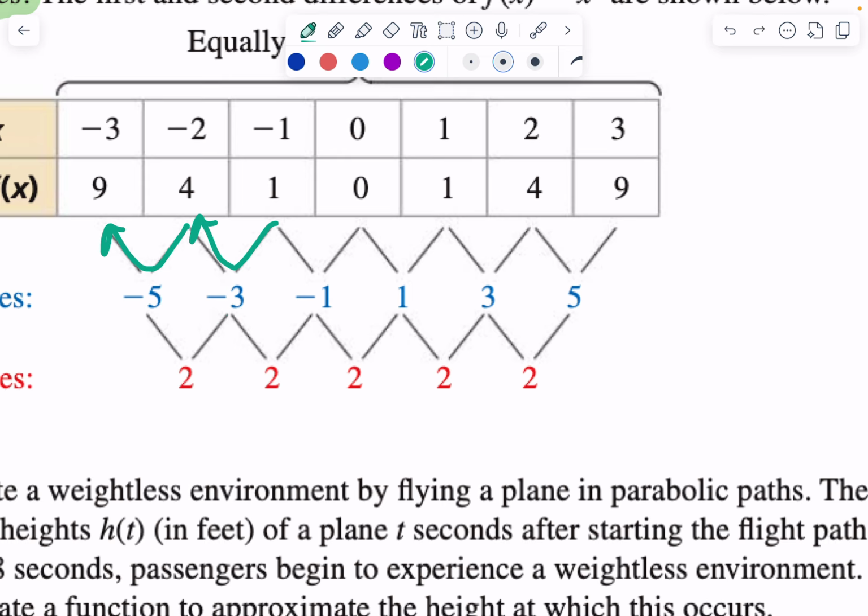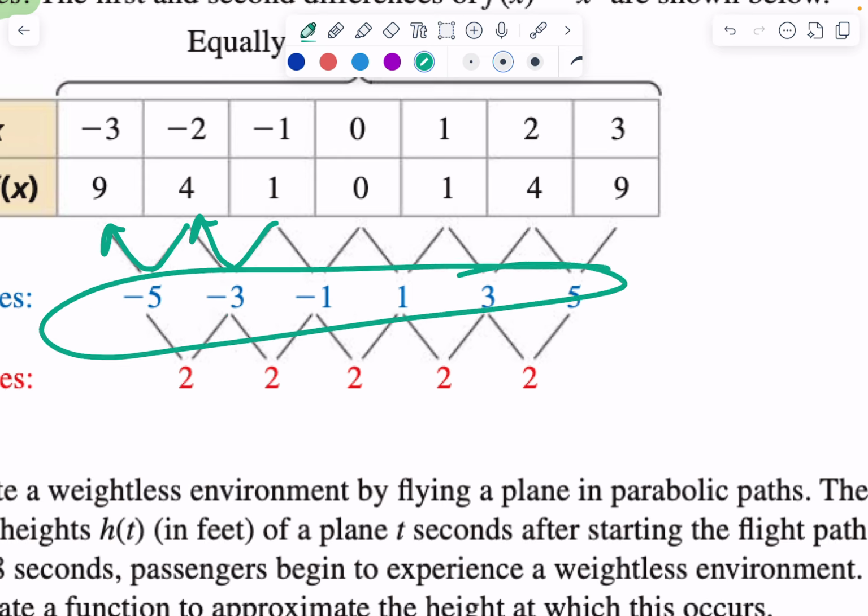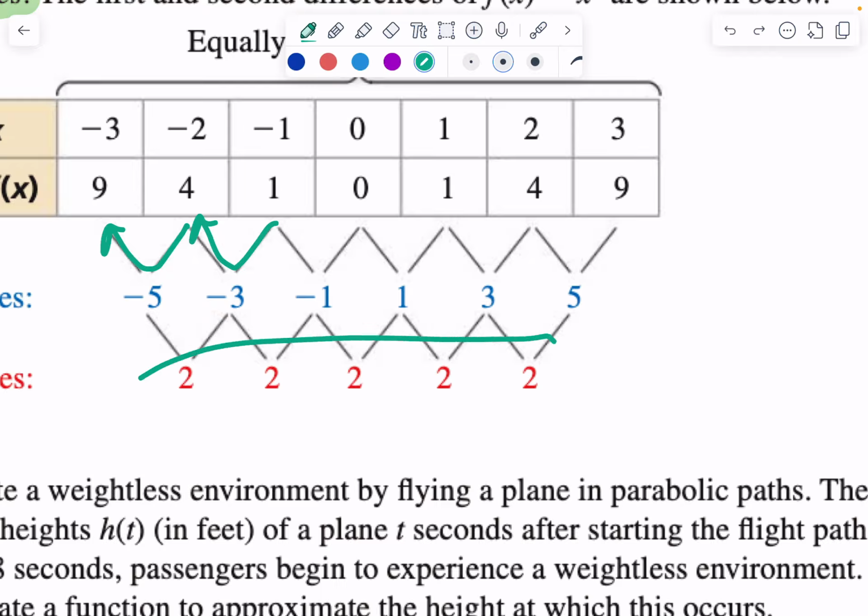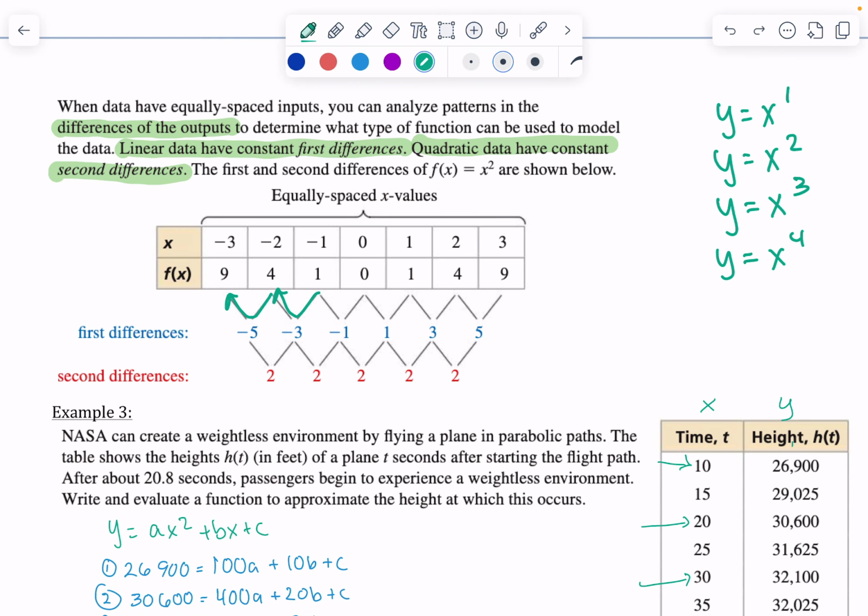So when you're doing that, the first time around, you don't get the same value, so it's not linear. The second time around, you do get the same value, so it's quadratic. If you didn't and you had to do it a third time, it would be cubic. If you had to do it 20 times, it would be a degree 10 polynomial. And so that's what that is referring to.